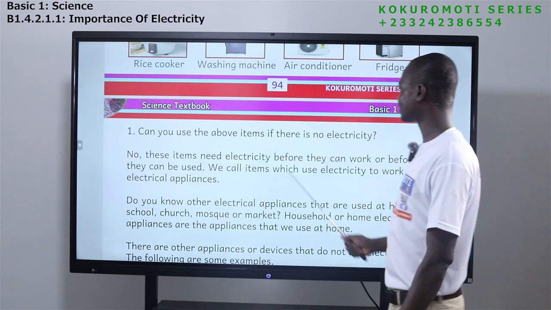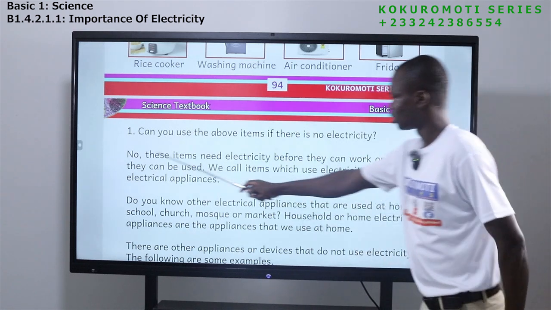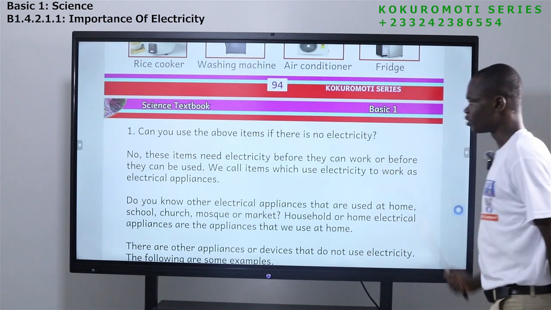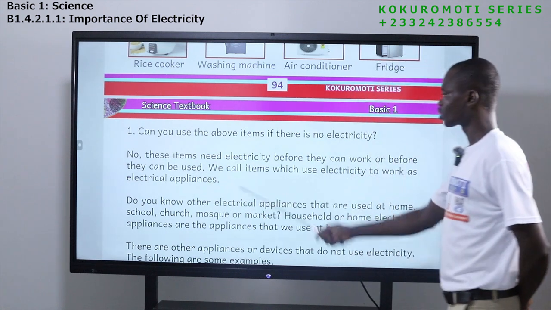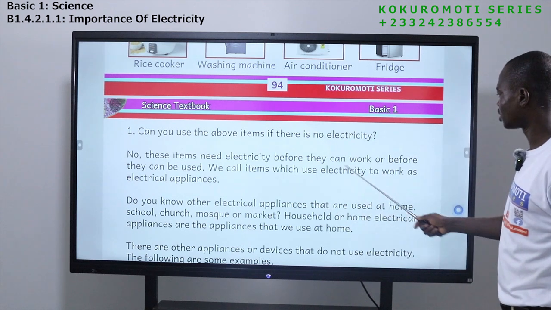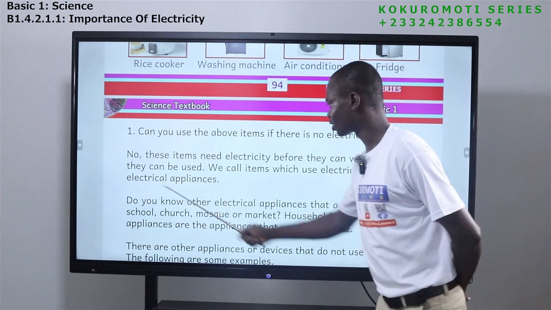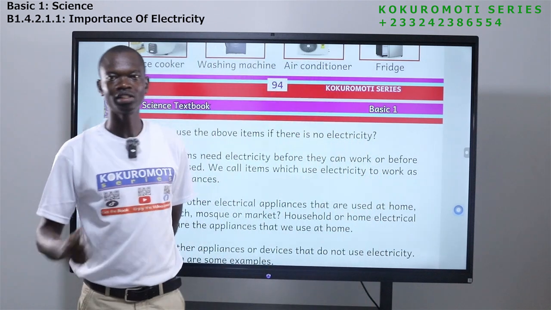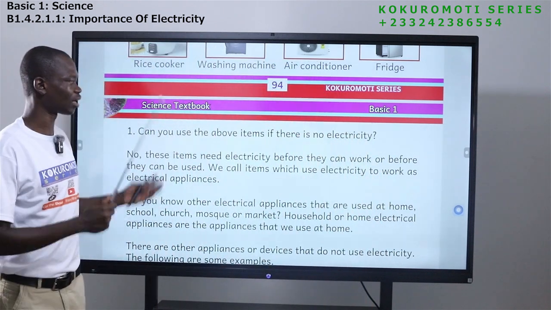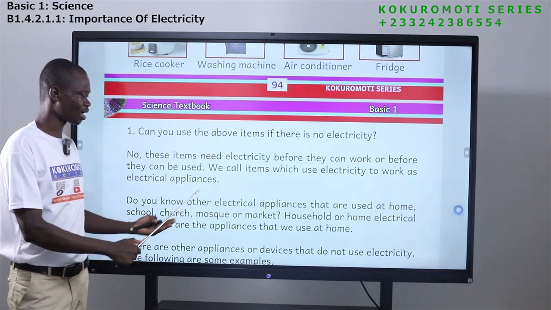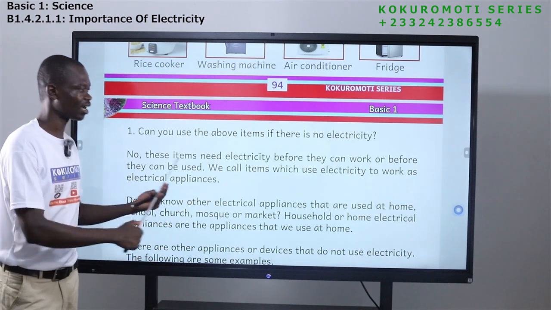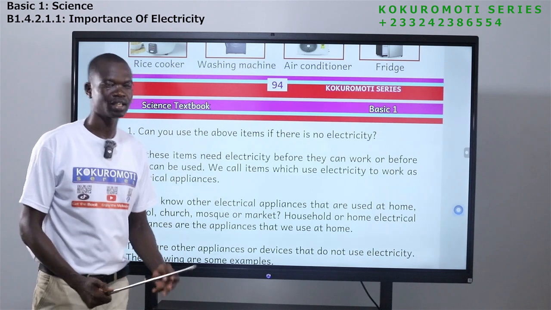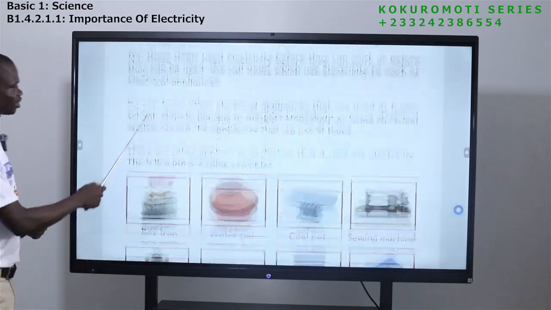Can you use the above items if there is no electricity? The answer is no. These items need electricity before they can work or before they can be used. We call items which use electricity to work electrical appliances. So any item that needs electricity before it can work is called what? Electrical appliances. Let's continue on.